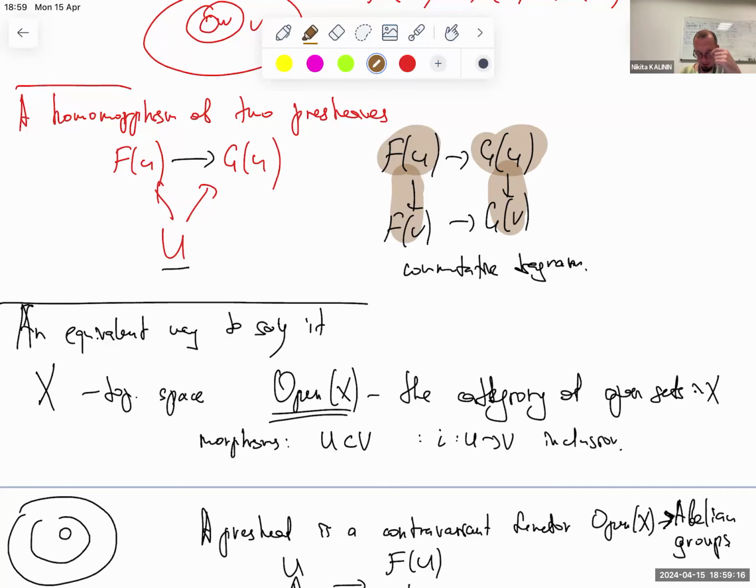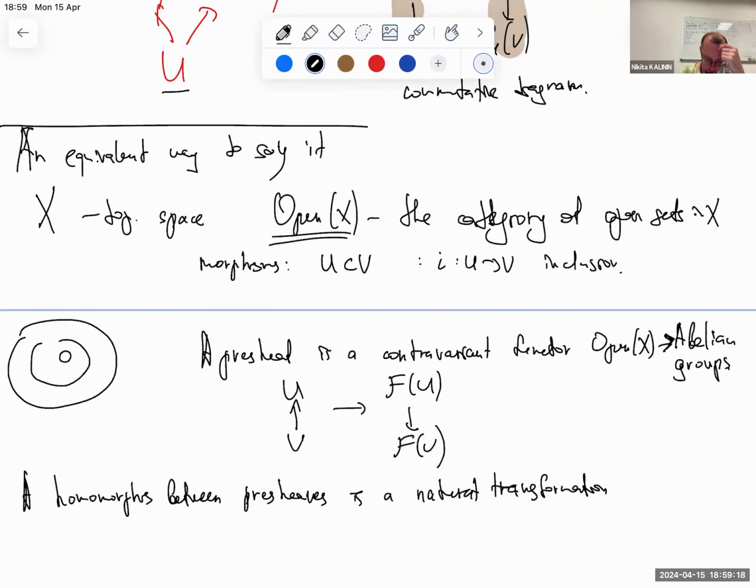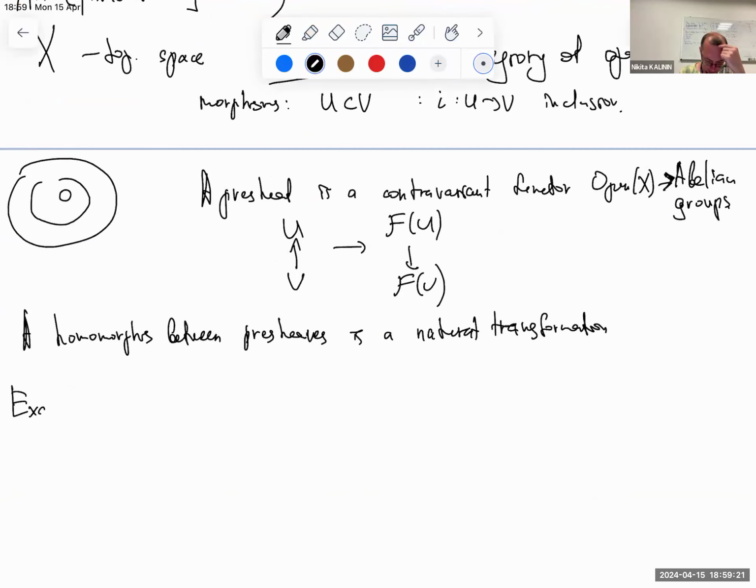Okay, and so some example. An example is that we'll just fix an abelian group G. And then just send the following. If you have an open set, just associate it with the group G itself.